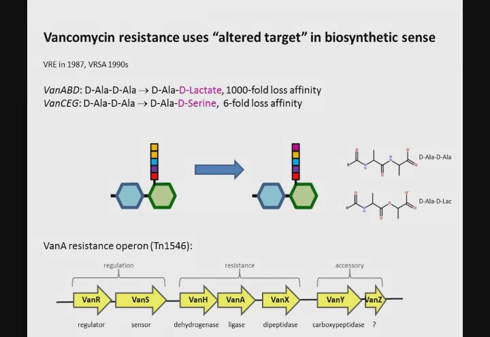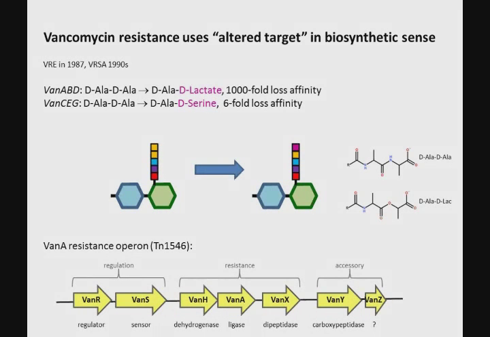And it was observed in the mid-80s to the 90s, and there are these two cassettes. Now these are two totally different types of resistance. You can either have VanA/B/D resistance or VanC/G resistance, and what they do is they turn the D-Ala-D-Ala dipeptide of the cell wall into a different entity, so vancomycin won't bind.